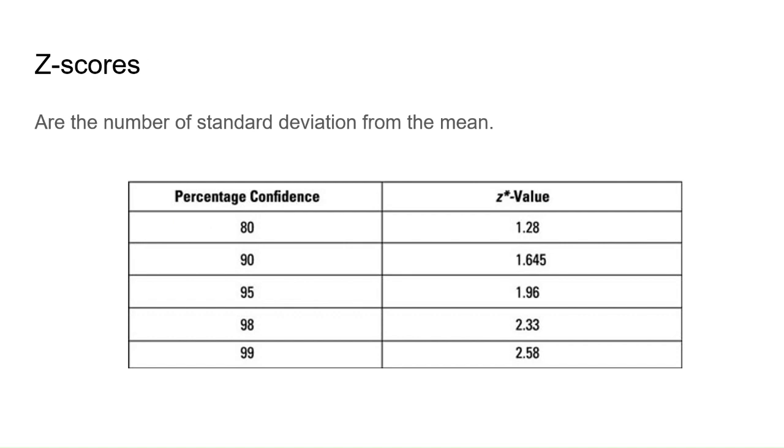Z-scores are the number of standard deviations from the mean. A score of 0 would mean a sample score is identical to the mean score. Here I am showing the z-values for the most commonly used confidence levels. For example, if we wanted a 95% confidence, we would use a z-value of 1.96.